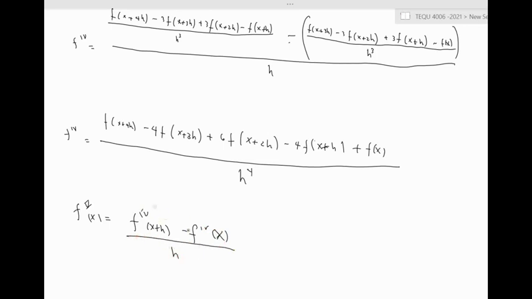So you keep adding this pattern as you go along, and I guess that would not be a big deal to get the fifth numerical derivative. But again, I'm getting a little bit tired of doing this.